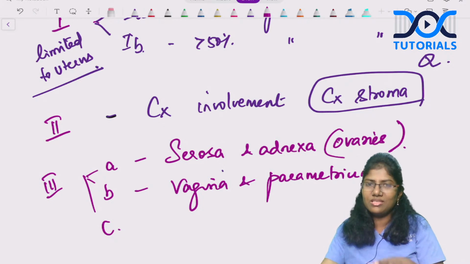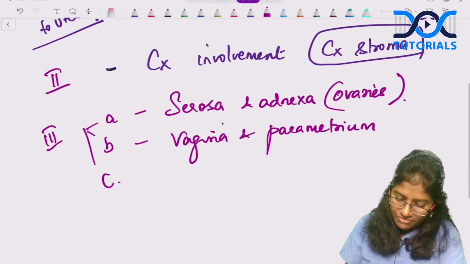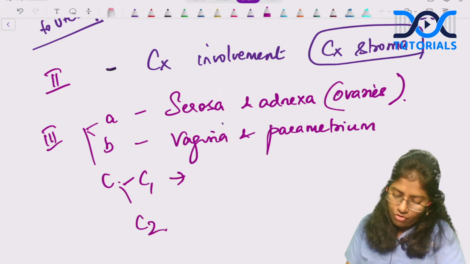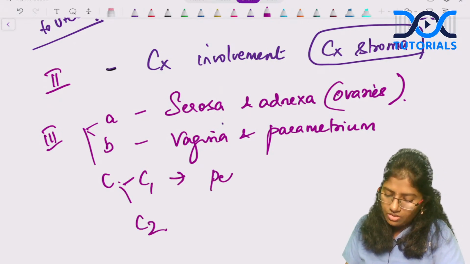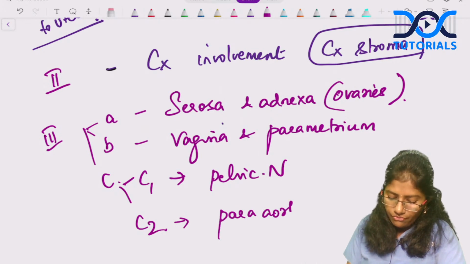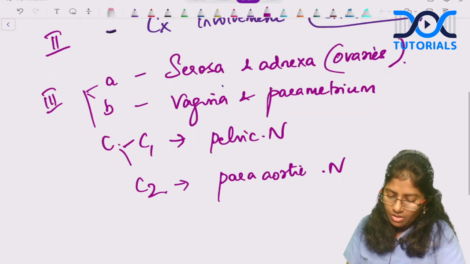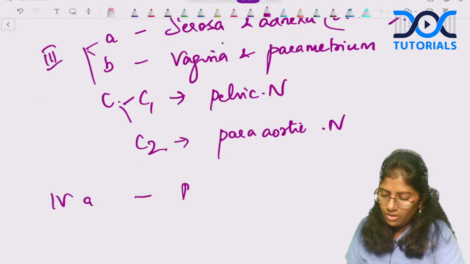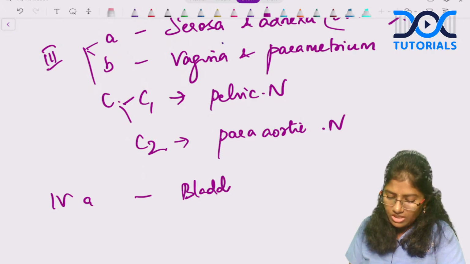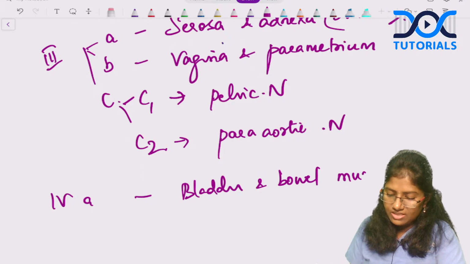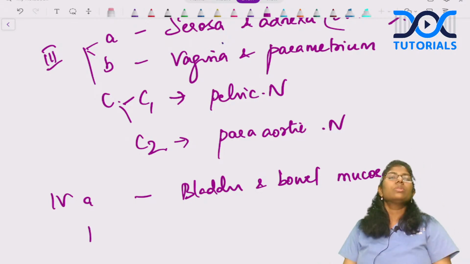So that's a really good thing. 3C1 is involvement of pelvic node, C2 is involvement of para-aortic node, 4A is bladder and bowel mucosal involvement, 4B is distant met. So it is just simple.